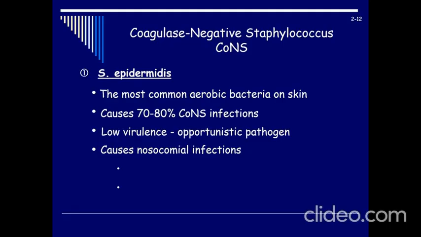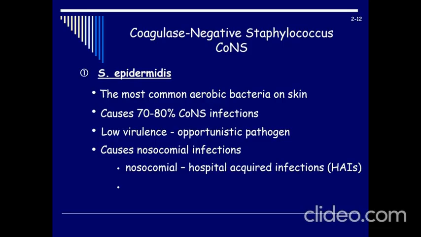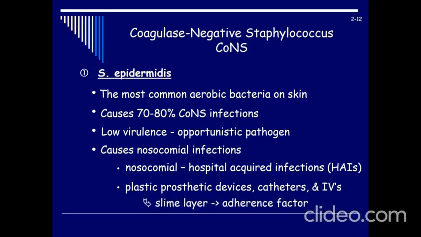It will cause nosocomial infections. Now, nosocomial infections are hospital-acquired infections, or HAIs. And the reason that it's fairly common in these hospital-acquired infections is it can attach to prosthetic devices pretty well. So plastic prosthetic devices. These are catheters and IVs. Now it does this by creating a slime layer, also known as adherence factor.